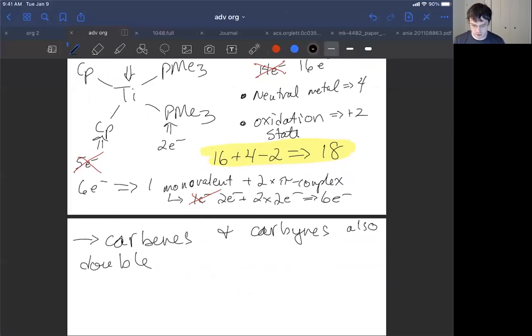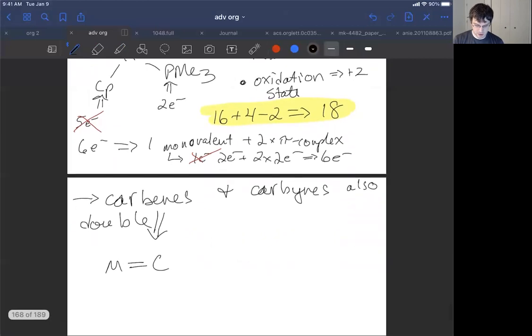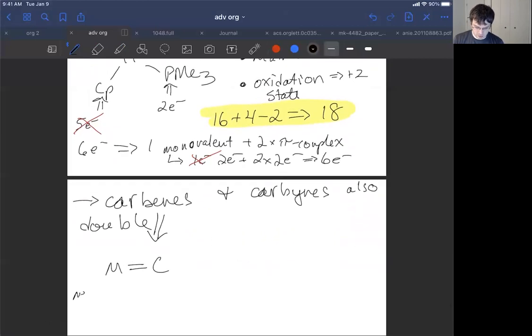So for the carbene, this is when we had a metal that was double bonded to a carbon atom. In the neutral count approach, that was a 2 electron donor, because if we push both back, we get to -2. So this was 2 electrons, but with the oxidation state method, it now doubles to 4 electrons.